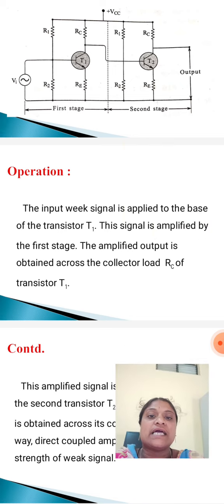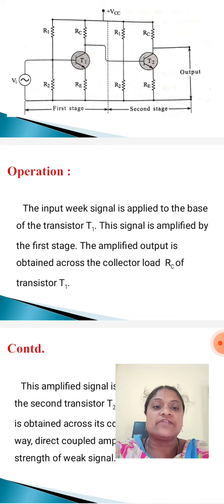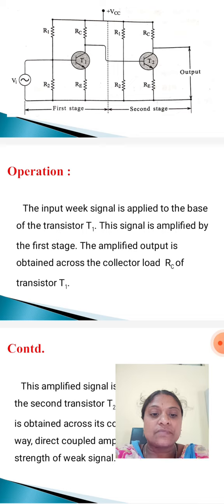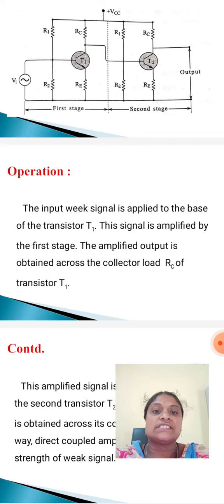First of all, the input weak signal is applied to the base of transistor T1 at the first stage. This transistor amplifies the signal, so the signal is amplified by the first stage. This amplified output signal is obtained across the collector load RC of transistor T1.